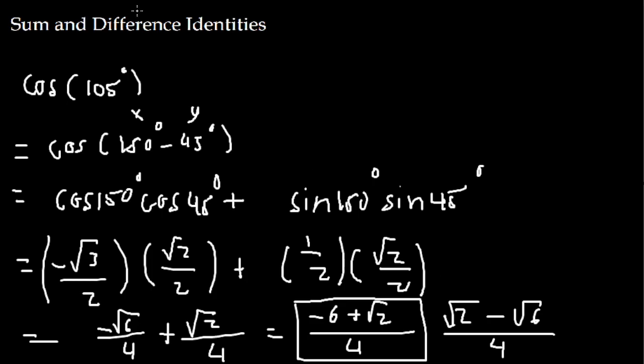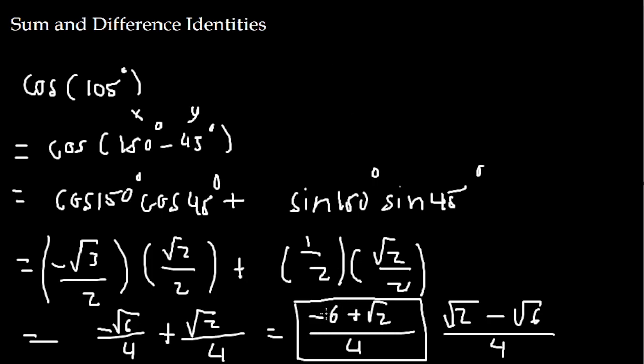Now, we can say that the sum and the difference identity will always output the same answer. You can use the sum or the difference identities kung ano mas convenient sa inyo, pero it will just spit out the same answer.